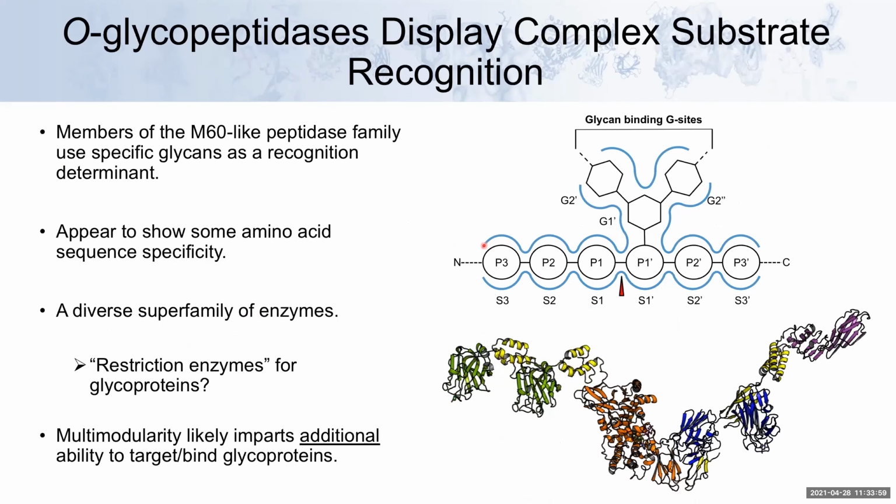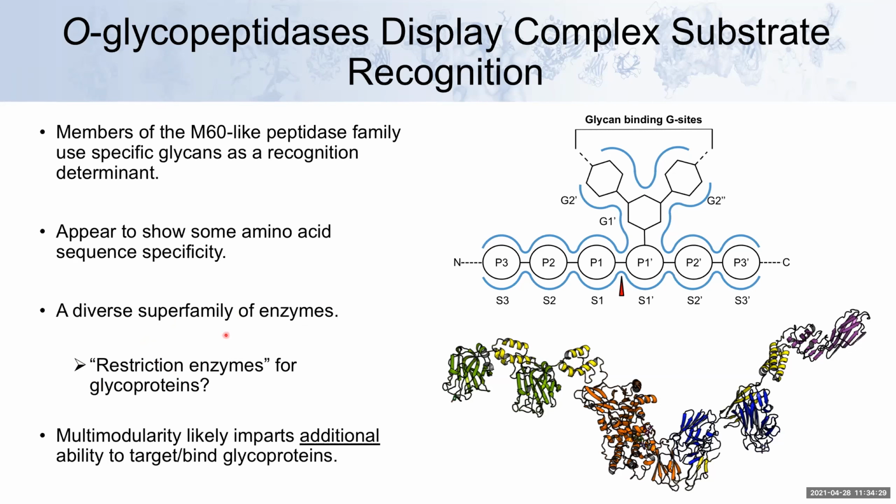So by way of summary, where we're at here now is we have this really diverse family of proteins that all show some, or at least so far, all show some specificity for glycans in their substrates. But also now we're seeing some potential for amino acid sequence specificity as well. And so given the diversity of it, this really invokes this curious idea of restriction enzymes for glycoproteins, possibly.